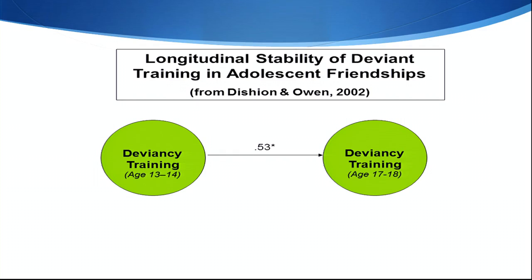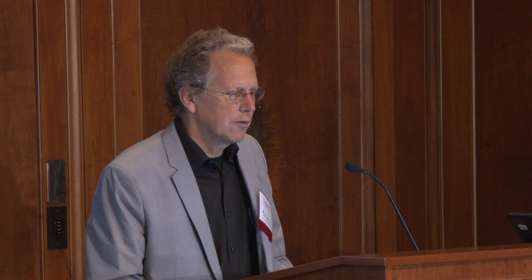Highly stable tendency to engage in this kind of dynamic. So it's a tool that kids use to connect with other kids. And this stability coefficient is really, most of those were new friends. These are videotaped observations of friends. These were new friends. So a very, very highly stable trait.